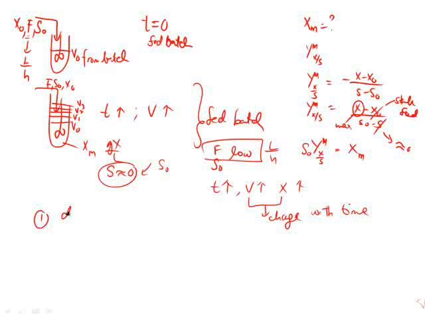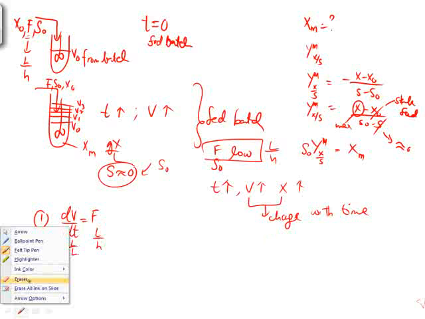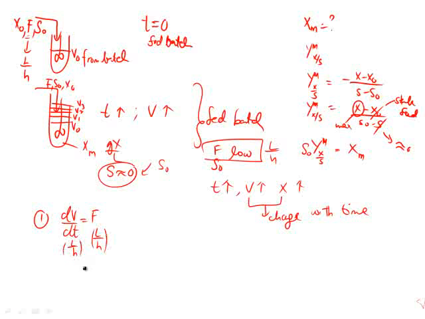Number one, dV over dt is equivalent to F. This is liter per hour, this is liter per hour. Now, how to get V? dV is F dt. Is F constant or does it change? Constant. Constant liter per hour.